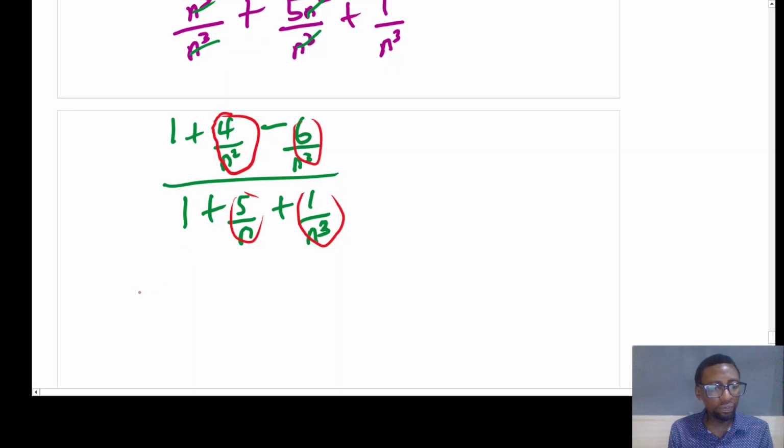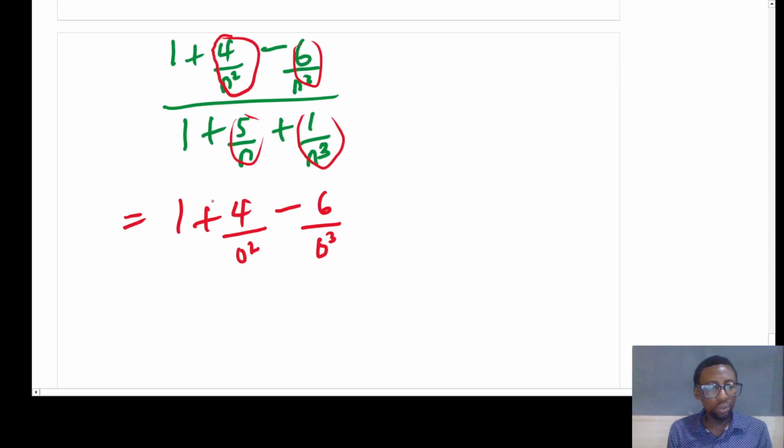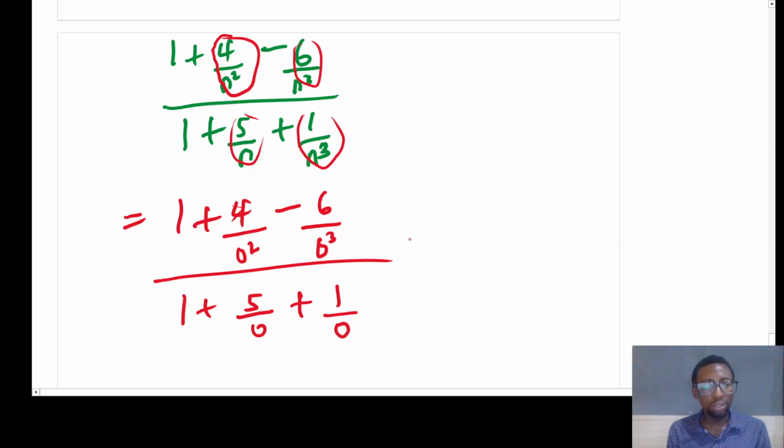So here we have 1 plus, so I set n as 0, 4 over 0 squared. At that point it is undefined, so it will go, and 6 over 0 cubed goes as well, over 1 plus 5 over 0 plus 1 over 0.